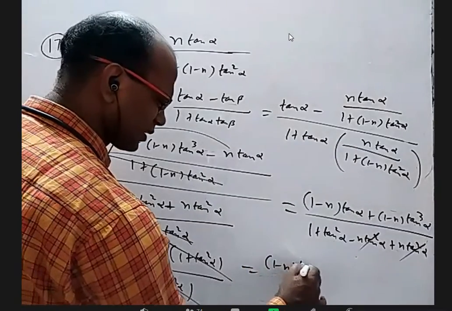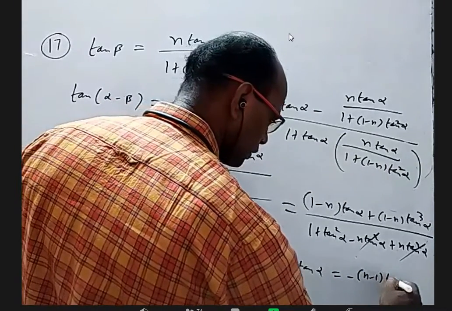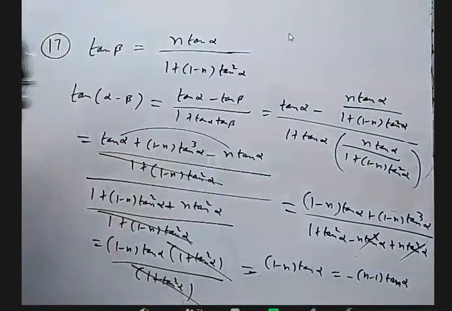So 1 minus n tan alpha, if I take minus common, n minus 1 into tan alpha. Just to eliminate beta, that's all.